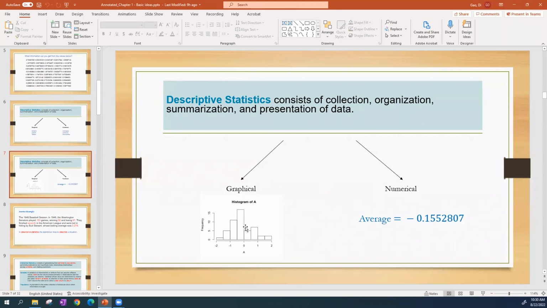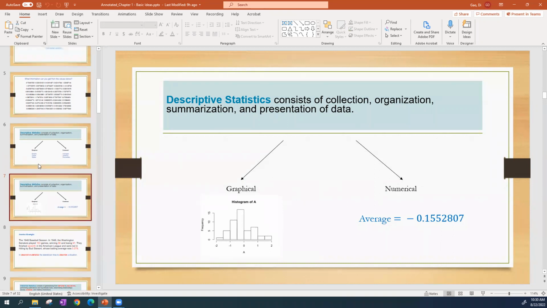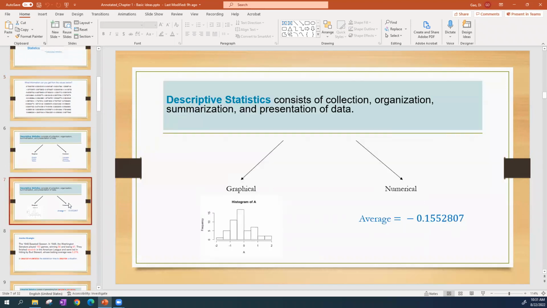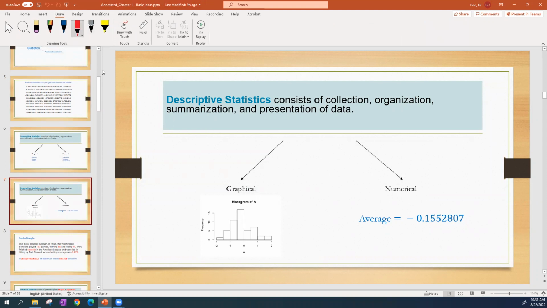So if we look at the histogram that represents the information from the previous slide, then we can know some information from those numbers. Most of the data values stay around 0, right? Because we have a very high bar here.